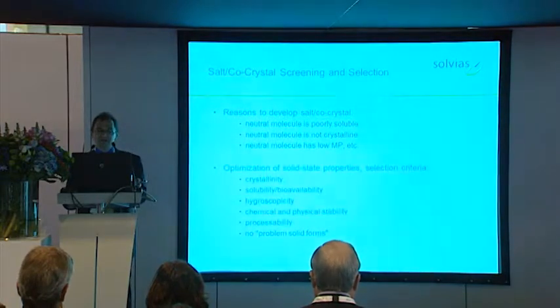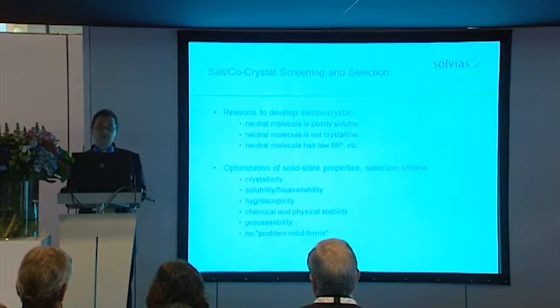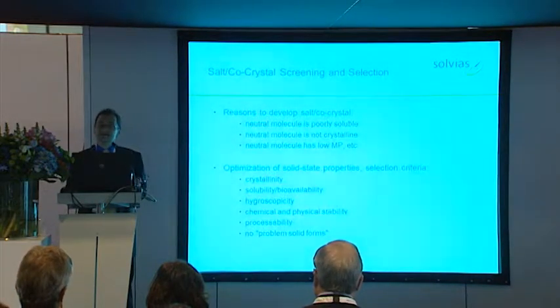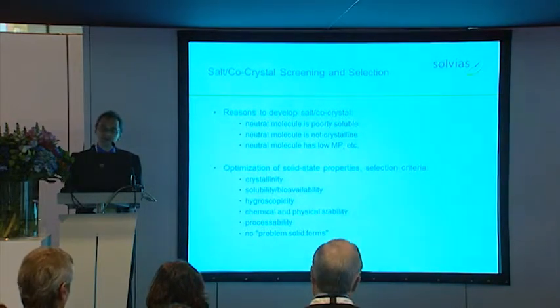So in other words, you're looking for a salt or co-crystal where a lot of properties are optimized, such as crystallinity and solubility. You want something which is not hygroscopic.